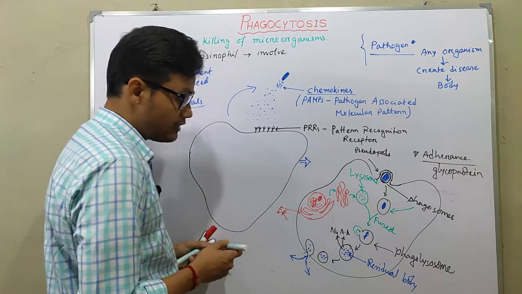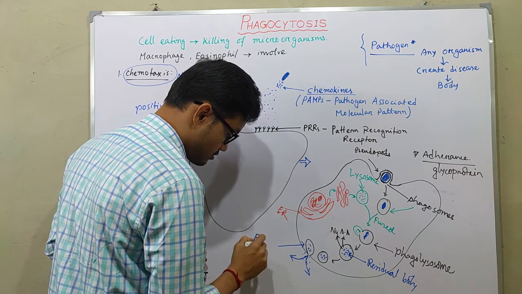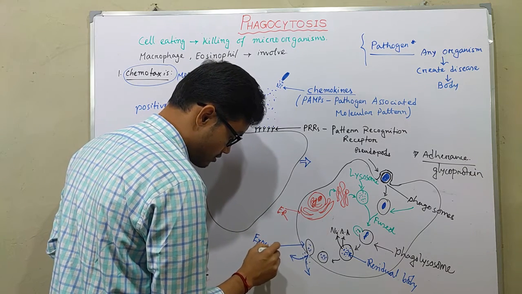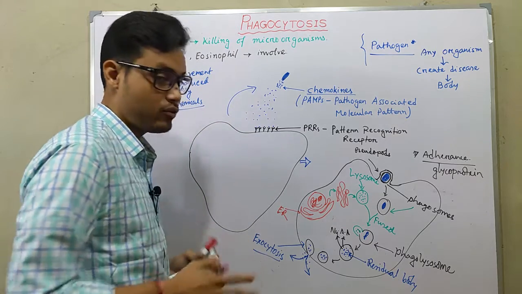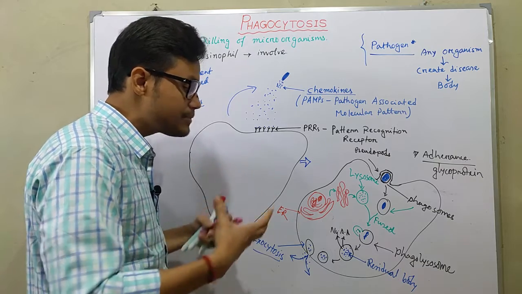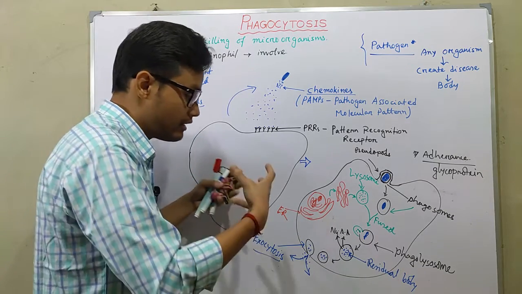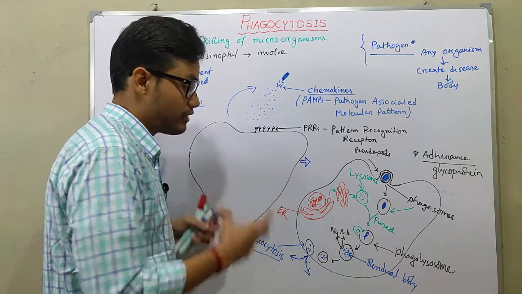Okay, so this process is known as exocytosis. So in here, exocytosis is a process by which a macrophage or a cell leaves its digested residual body outside of that particular cell.